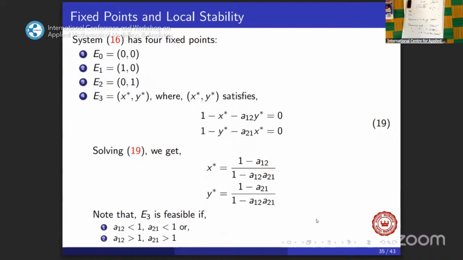If we consider A12 greater than 1 and A21 less than 1, one value is greater than 0 and the other is less than 0. That means the interior equilibrium point does not exist if the inequality changes, one greater or less. So we get two interior points which satisfy A12 A21 less than 1 or A12 A21 greater than 1. Next.